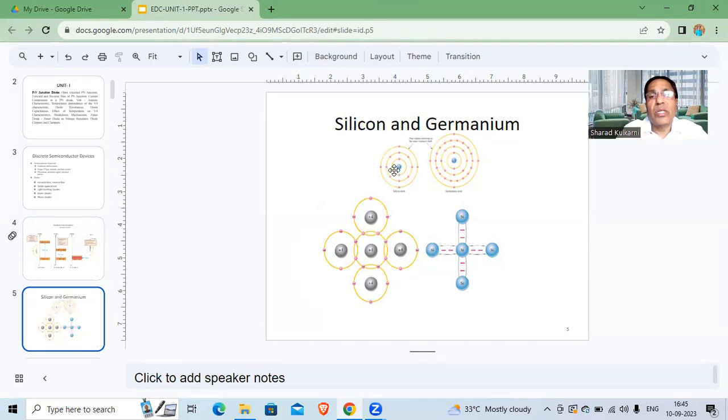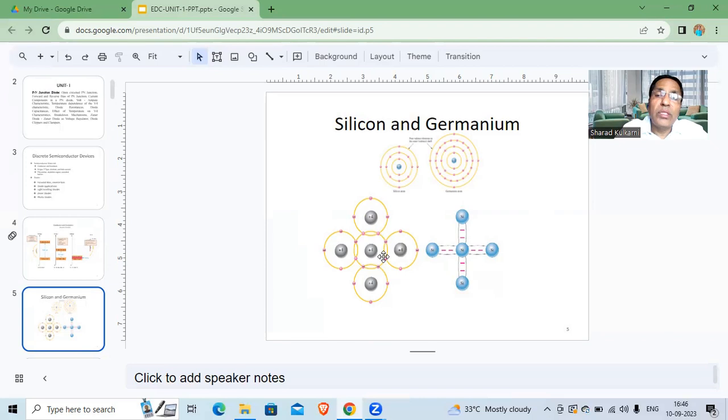Here we have the atomic structure of silicon and germanium. You can see the outermost orbit of germanium or silicon contains 4 electrons. That is, silicon and germanium are tetravalent atoms. When silicon and germanium are in solid form, the atoms are tightly bound, and when they come closer, for the atom to be stable, the outermost orbit should have 8 electrons.